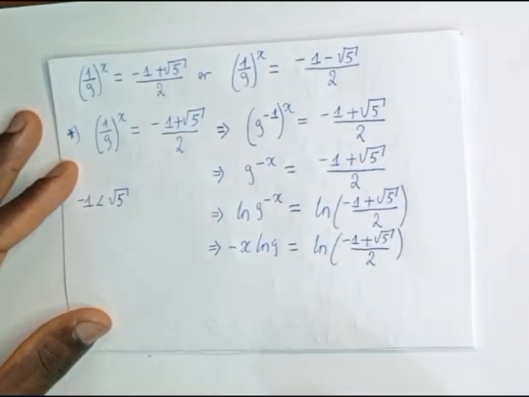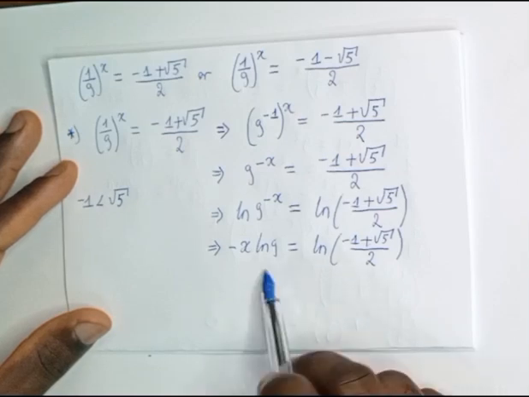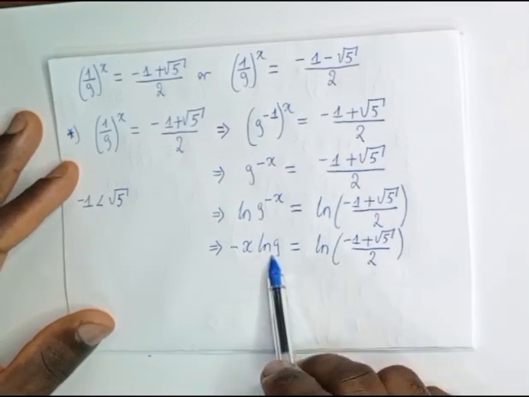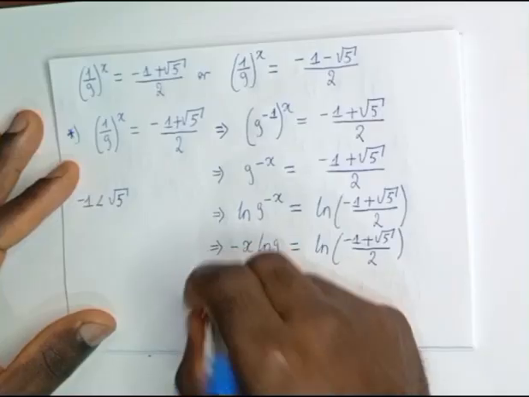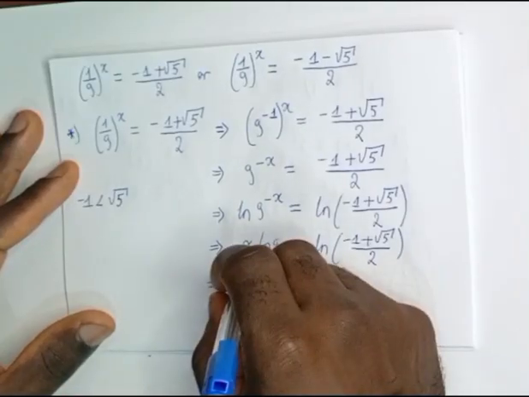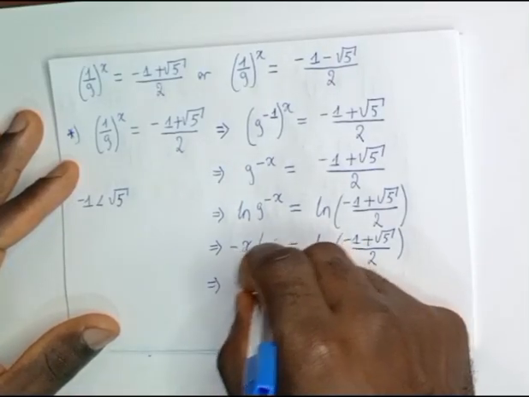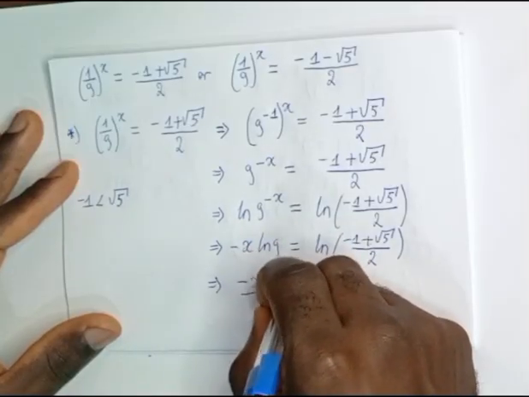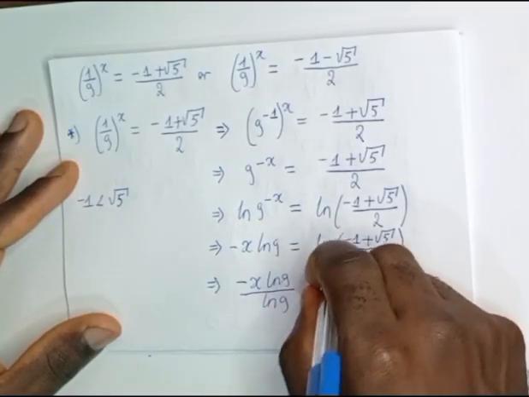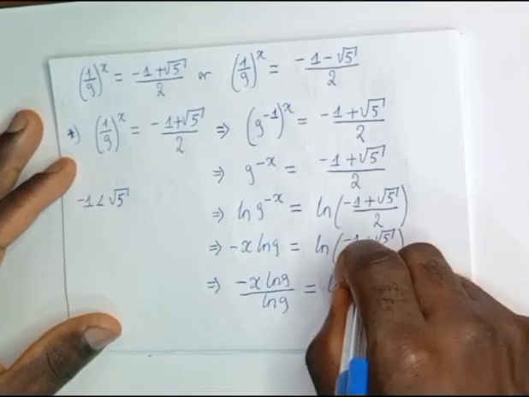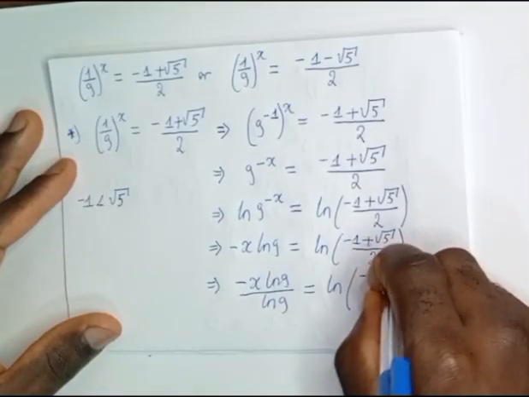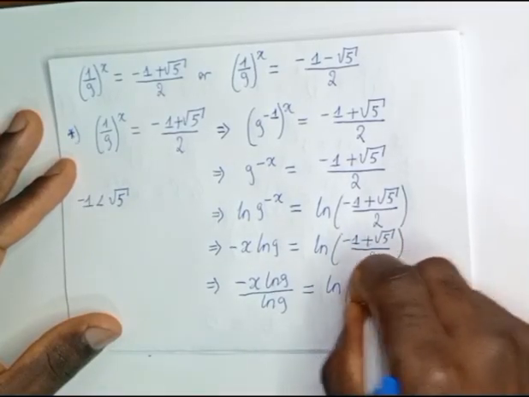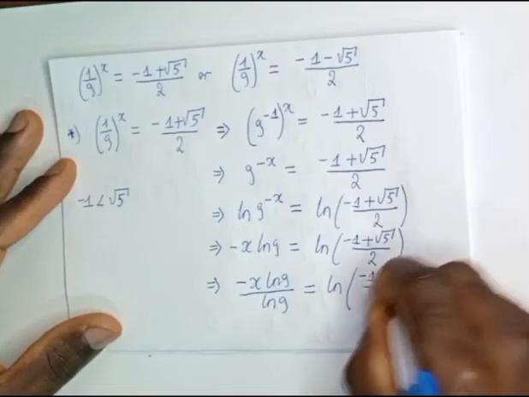Next, we are going to divide both sides by ln 9, which is a constant. Then this will give us negative x ln 9 divided by ln 9 is equal to the ln of negative 1 plus root 5 all over 2.